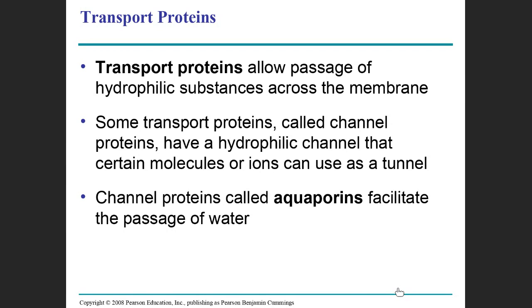And so this can help polar molecules or ions to move through the membrane by using that protein channel. So we can think of it as a tunnel, right, which allows molecules to move through. When it comes to water, there are special channel proteins called aquaporins, which allow water to move through the membrane easily. Water molecules are polar, so they can't get through that hydrophobic interior, but there are special protein channels called aquaporins, which allow water to diffuse through.